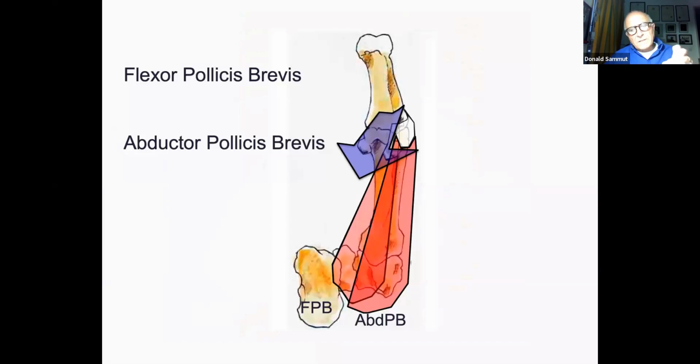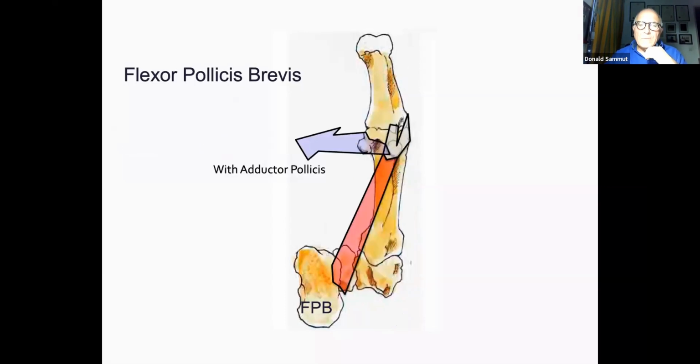The flexor brevis also lends itself to supplement the abductor pollicis brevis. The part of FPB, which is supplied by the median nerve, works with abductor pollicis brevis. The part which is supplied by the ulnar nerve will work with adductor pollicis and supplement that, because it does have an adduction action.